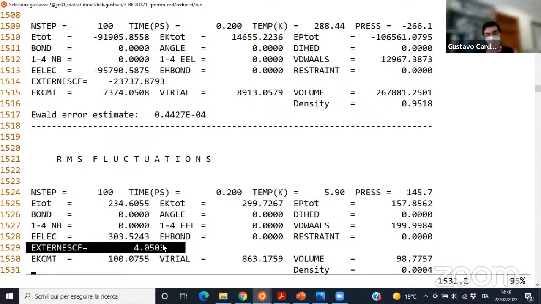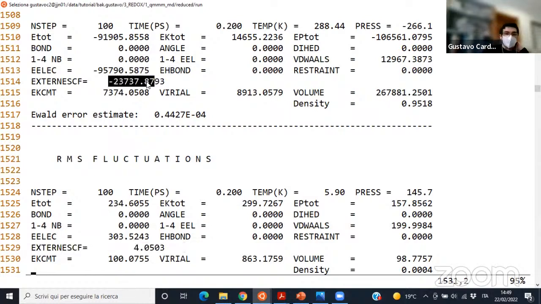But of course, if you see numbers of this magnitude, and you see a number which is 10,000 times smaller than this one here, well, this is just 4 kilocalories per mole. So this gives you the variation of the energy of the system along the simulation. So this is a small number with respect to the absolute energies here.